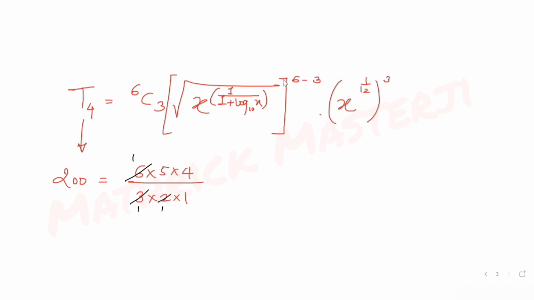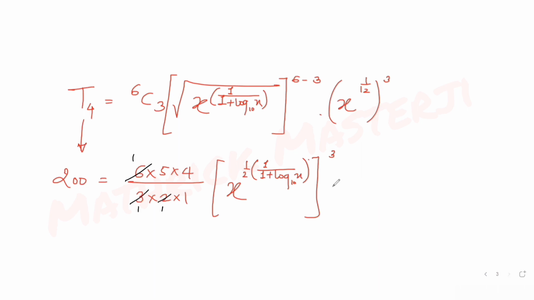Now let's solve the second part. I get x raised to 1 over 1 plus log x to the base 10, the whole cube. And here you have the root, which is x raised to half, so I can write the square root as raised to half.